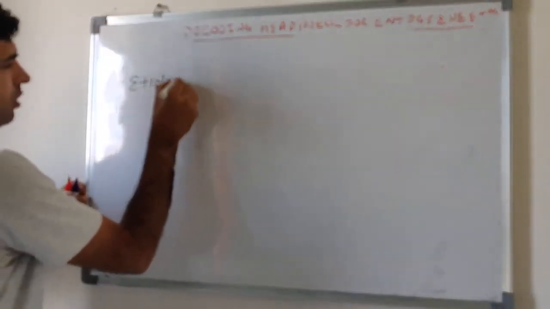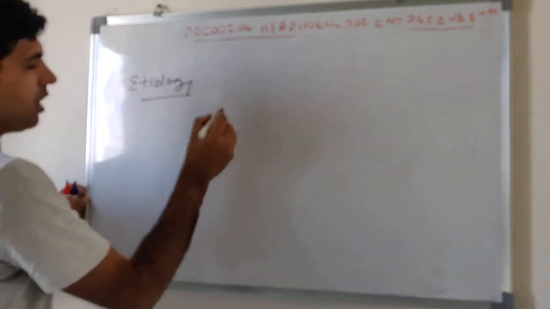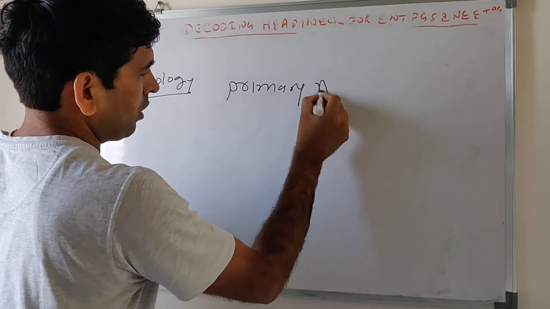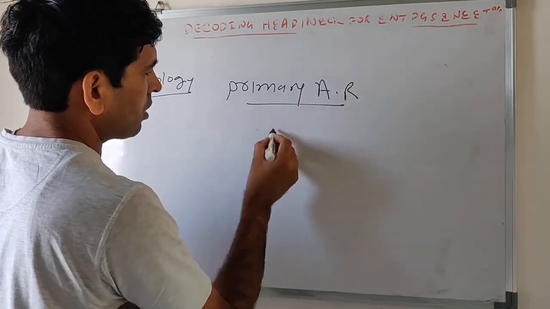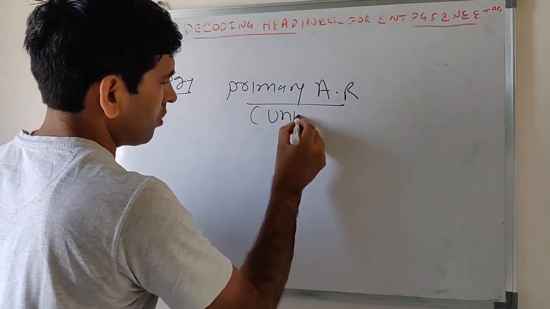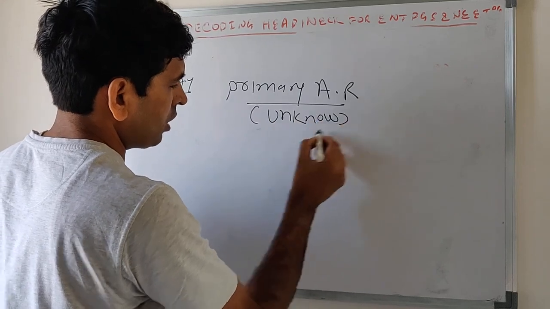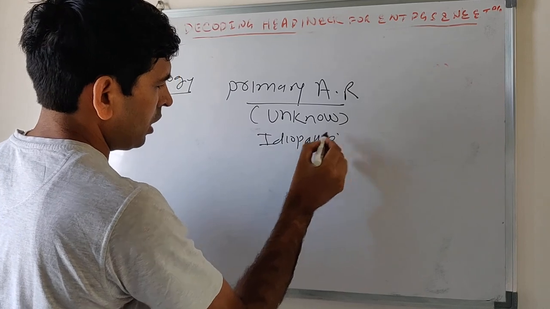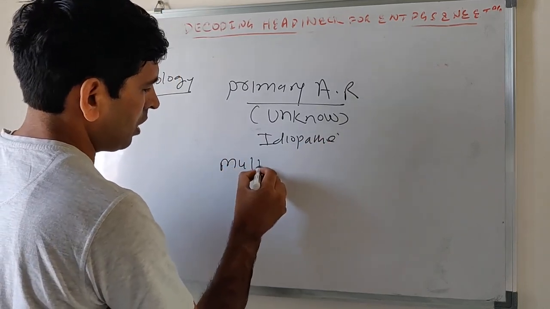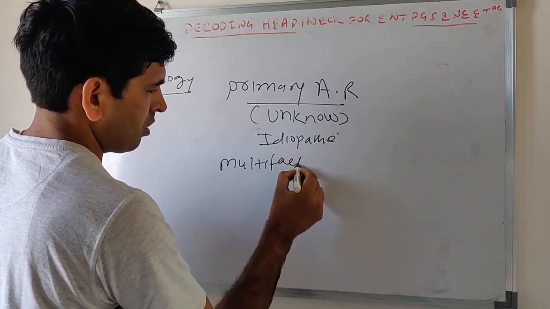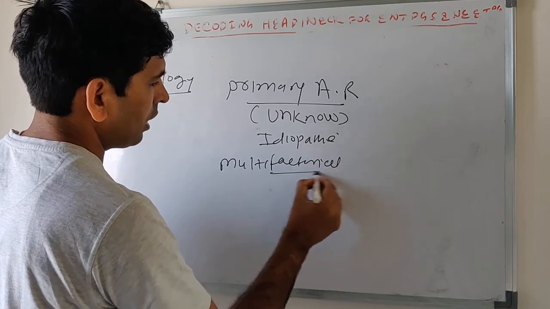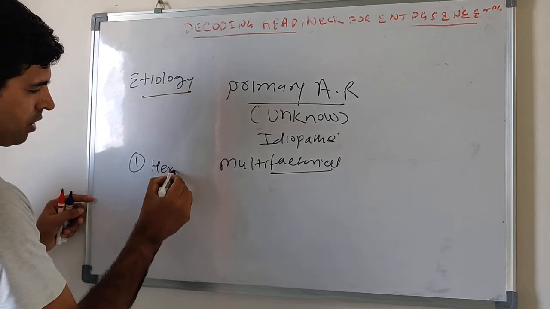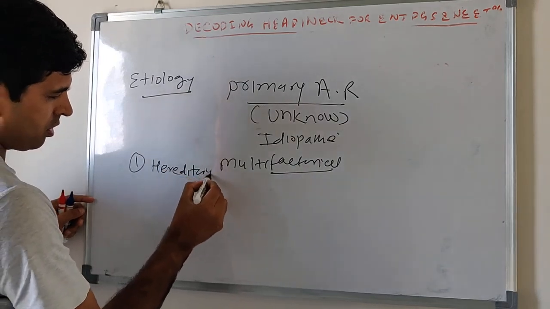etiology. As you know, primary atrophic rhinitis has an unknown cause, it is idiopathic. It may be multifactorial, like involvement of hereditary factor.